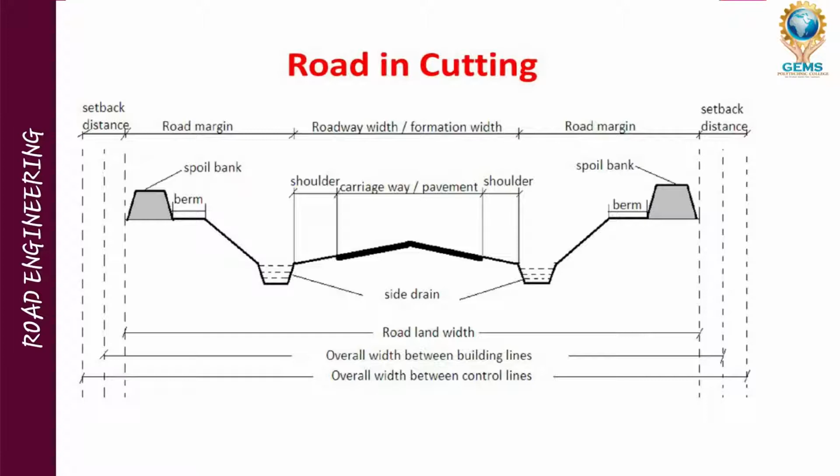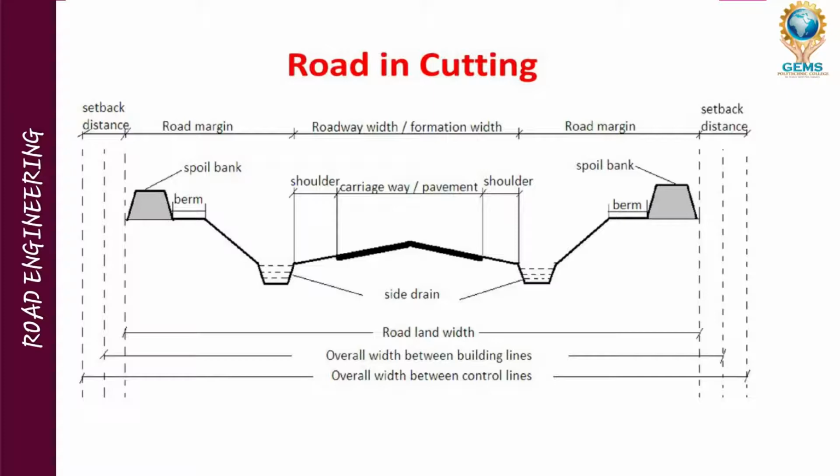Then after the side drainage we have provided a berm, and then we have a spoil bank for setback distance, and the setback distance will prevent the soil from coming into the cutting. It will provide a proper road in cuttings, and the cuttings will not come onto the road to obstruct the vehicles.